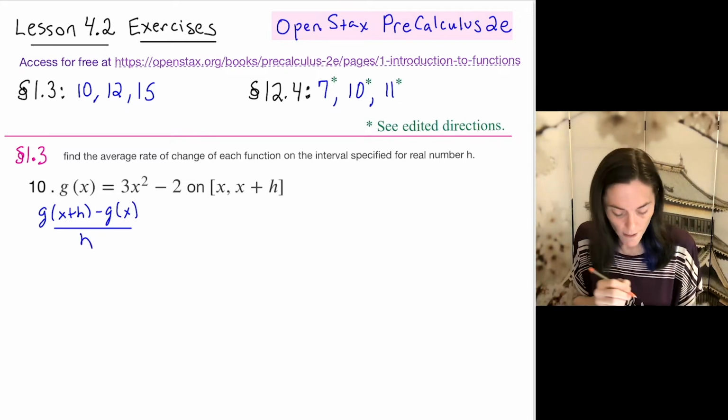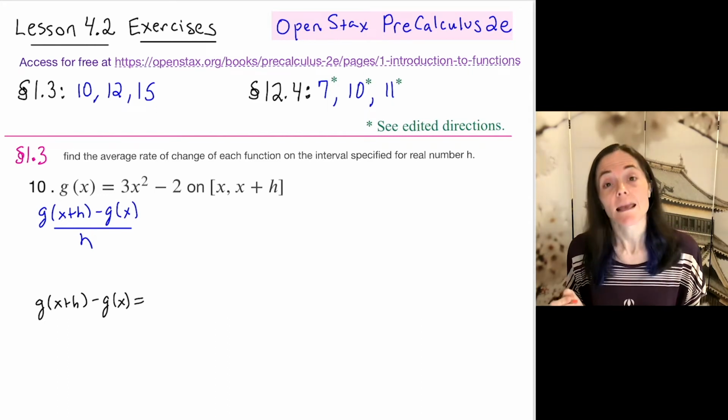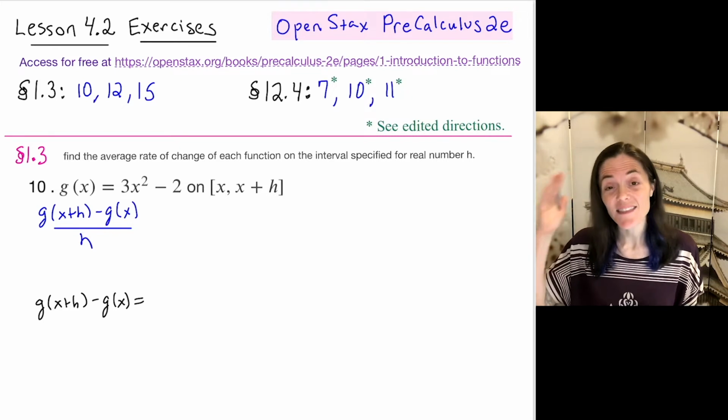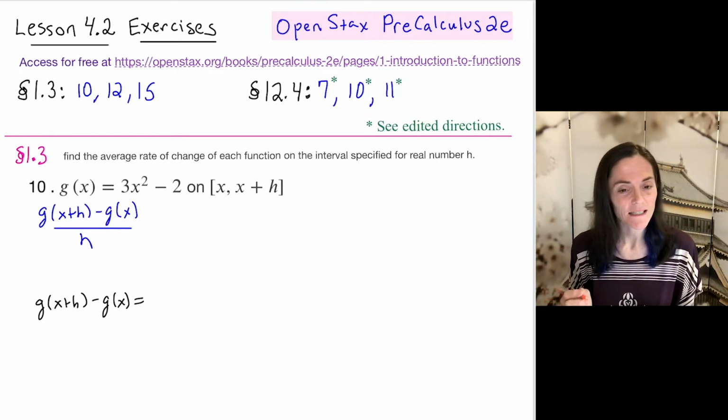The first thing I want to do is work with the numerator here, g of x plus h minus g of x, and simplify until I have this as h times something, and then I will go back into my difference quotient.